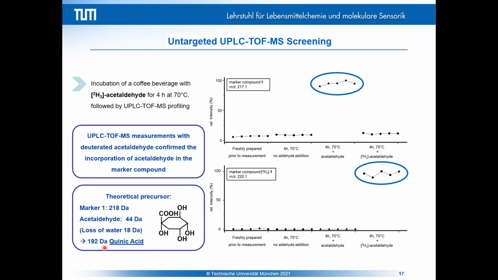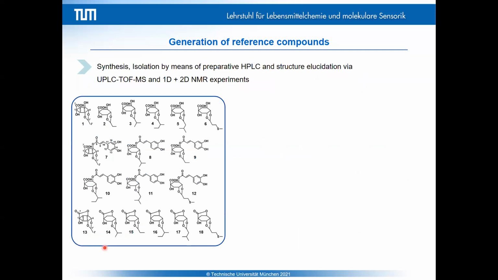In order to verify this, one possibility would be to isolate these compounds from the coffee beverage and then do structure elucidation. But since this is really a minor compound formed, the extraction from coffee is not expedient. So we opted for a synthetic strategy where we synthesized these compounds.